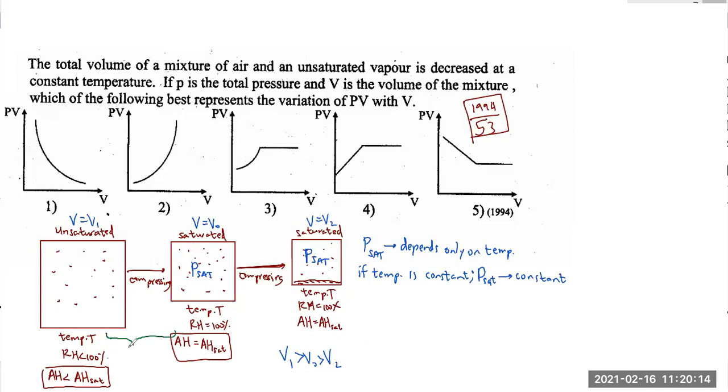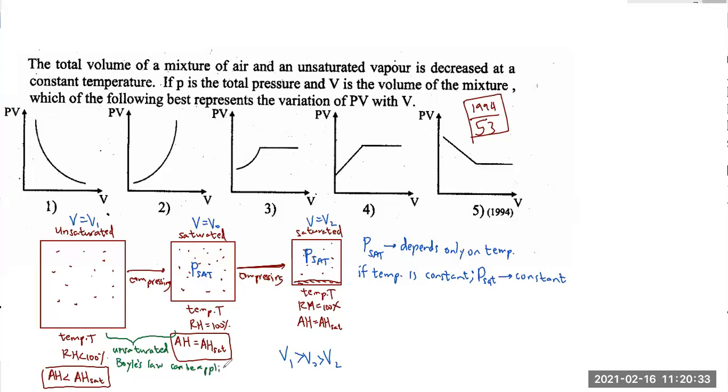Can someone tell me? From here to here, the air is not saturated. This part is unsaturated air, people. So you can apply Boyle's law, no problem. As long as air is unsaturated, Boyle's law can be applied.